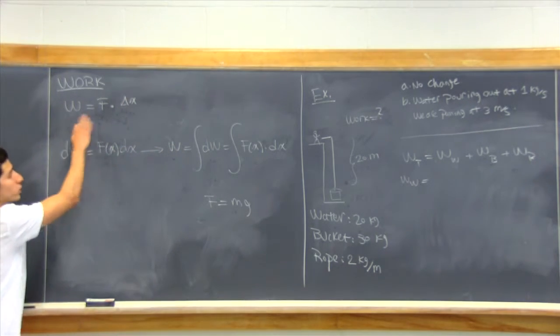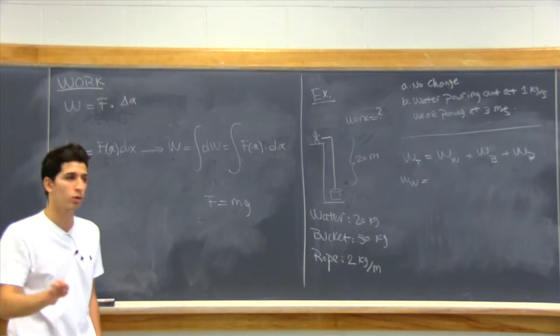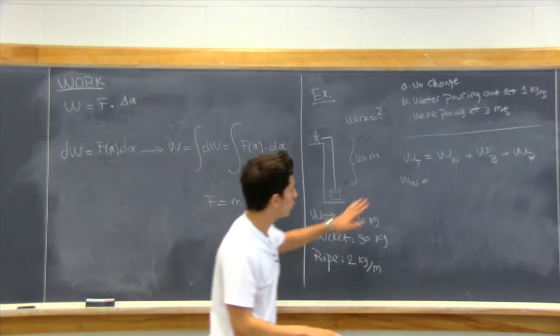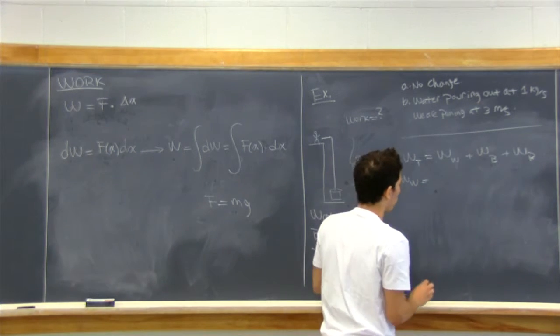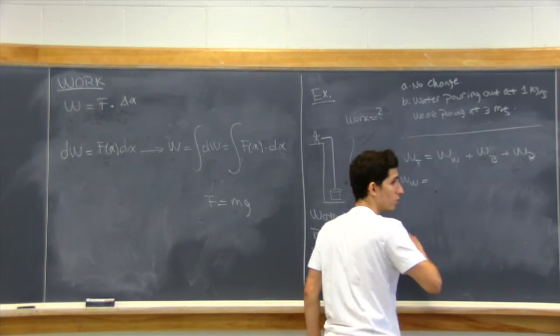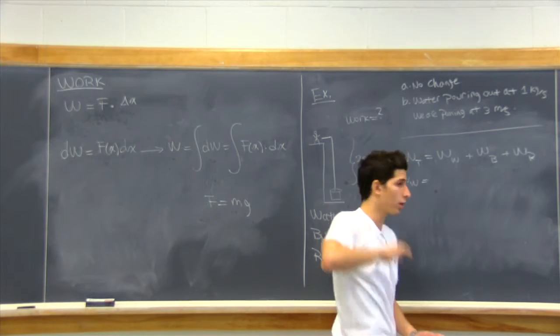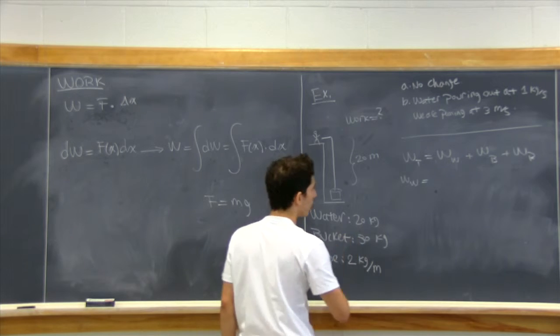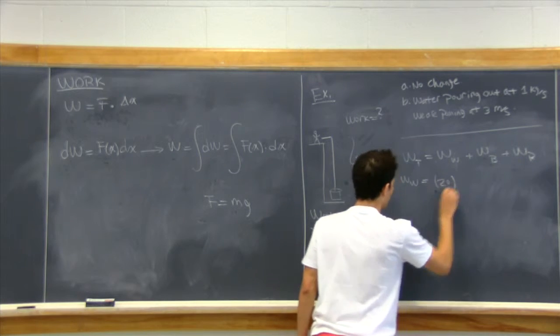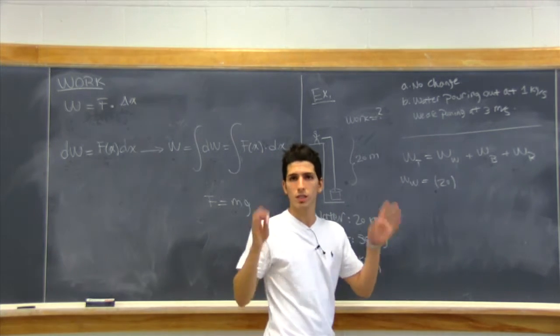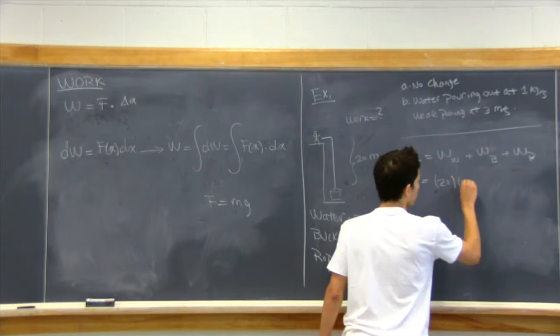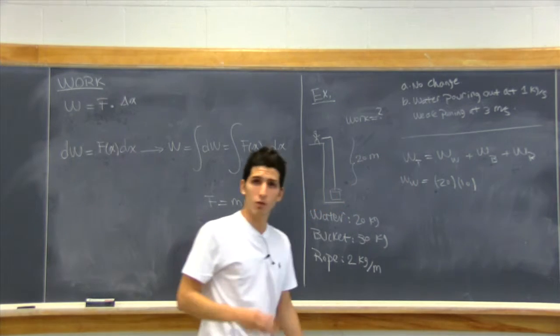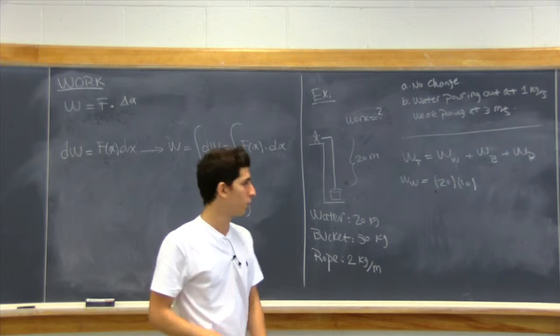So this definition applies. We can easily use that definition and say the work is just mg times the interval that we're pulling it over. So what is m? m is 20 kilograms. What is g? We're going to say g is 10 just to make our calculations easy. And then what is the interval that we're pulling it up over?